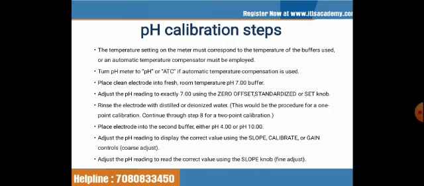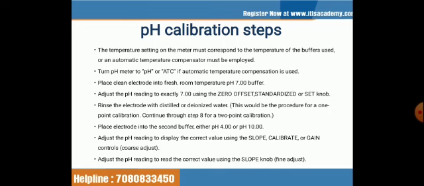First, you have to set the temperature. The temperature setting on the meter must correspond to the temperature of the buffer used, or an automatic temperature compensator must be employed. Generally, all the buffers are usually kept in refrigerators.